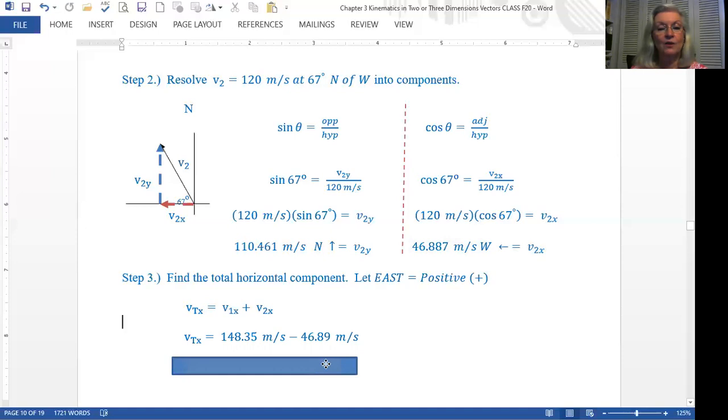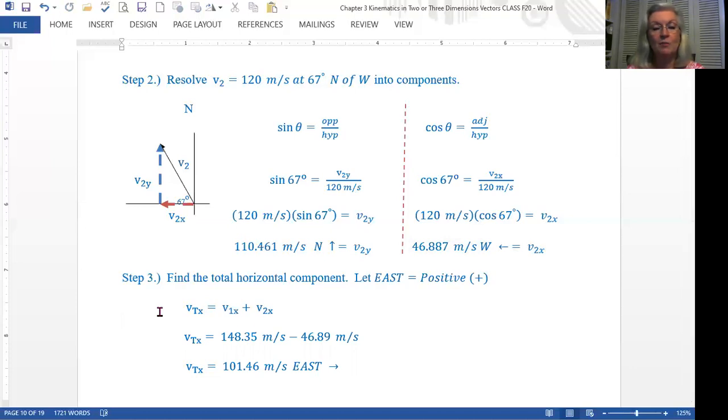And you can do the arithmetic and you find that V total in the x direction is 101.46 meters per second. It is a positive number, so I know it points east. If the answer had been negative, it would point west.